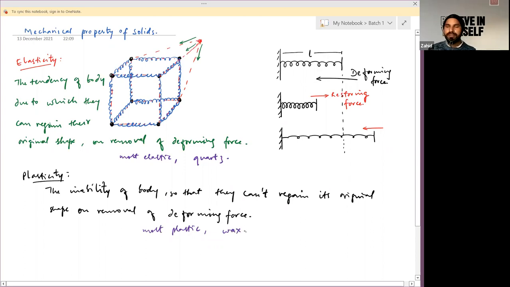In general, the property of a body will lie in between elasticity and plasticity. So you can say the behavior of a body lies in between elastic and plastic.